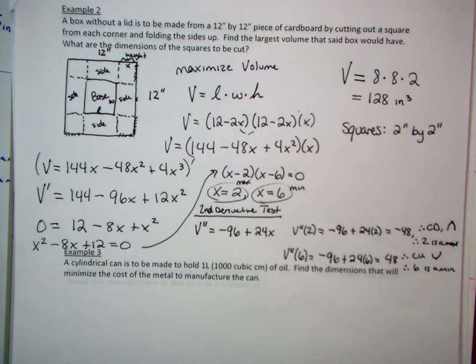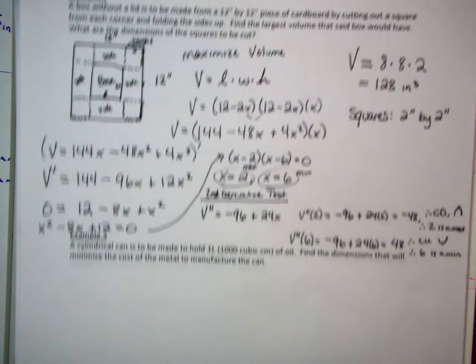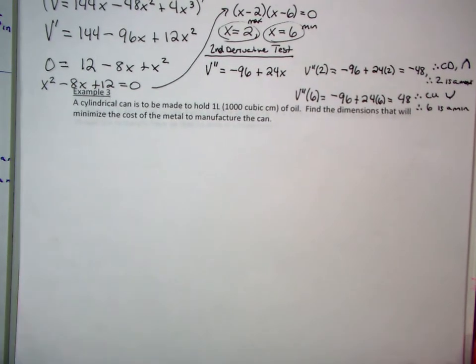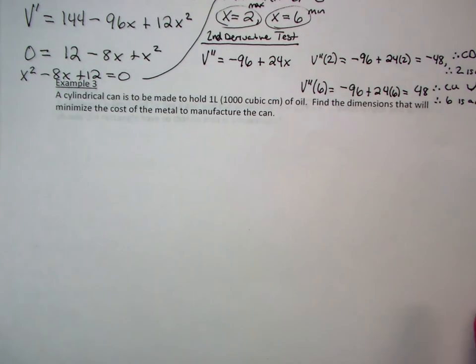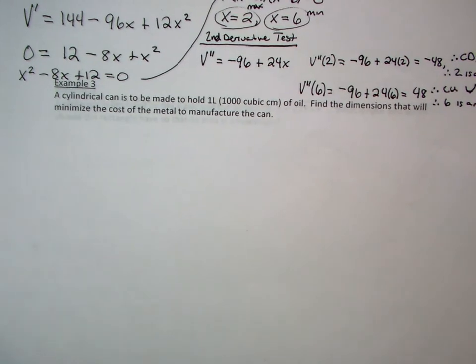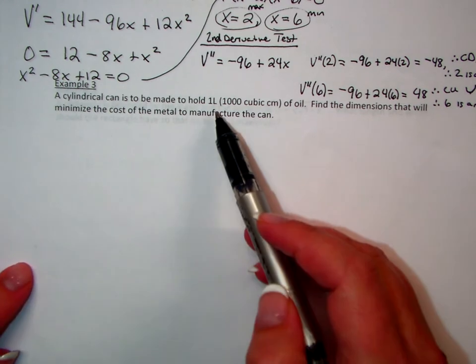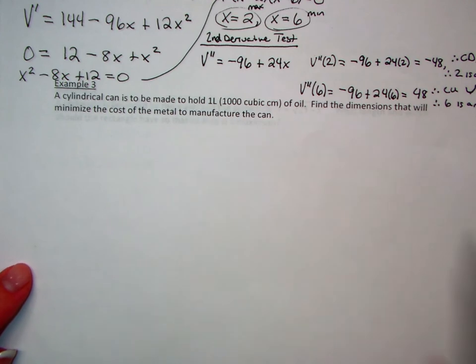Moving on. Example 3. A cylindrical can is to be made to hold 1 liter. A liter is a way of calculating volume.